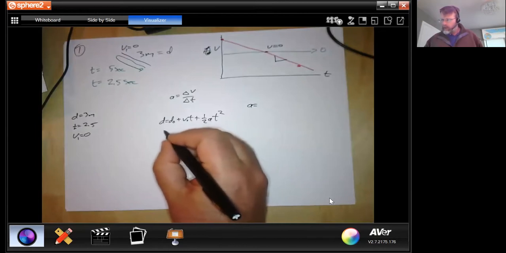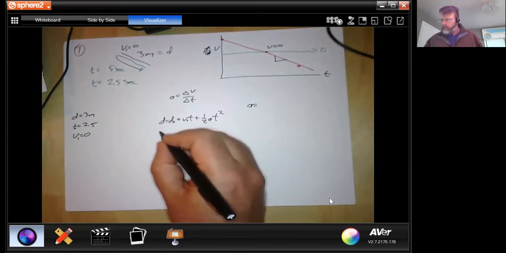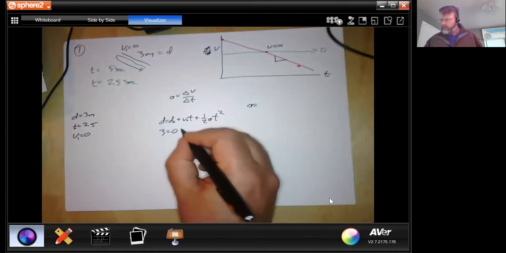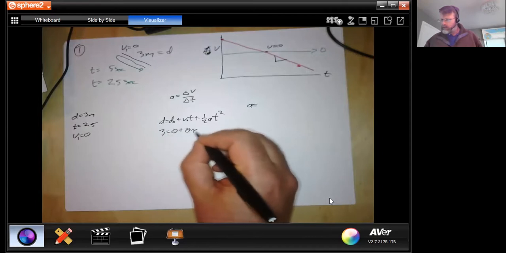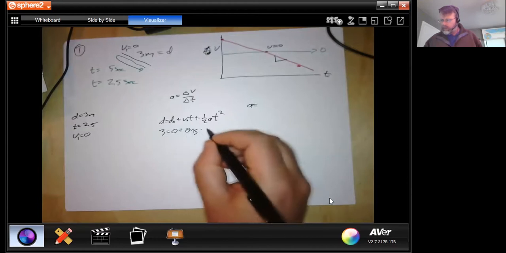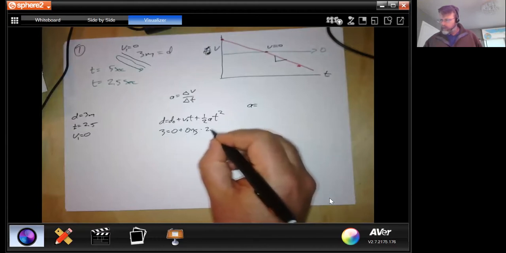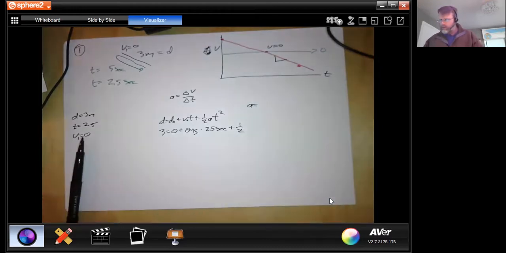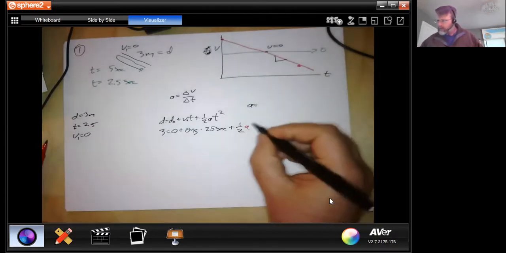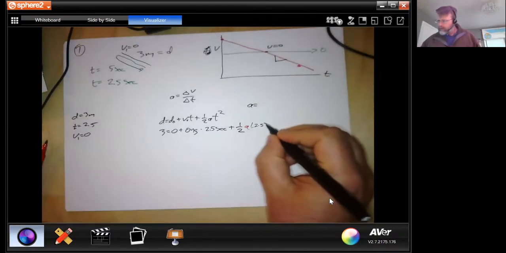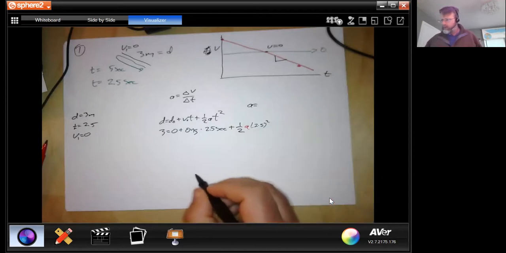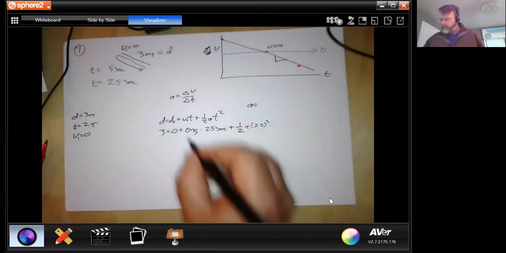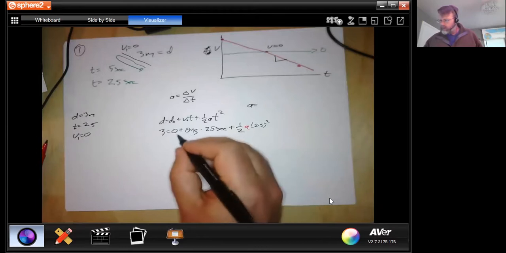Okay, so it started at 0 meters per second, went down 3 meters in 2.5 seconds, and this is what we're looking for, right? We want to find acceleration. And it did that in 2.5 seconds squared. Okay, so 0 times 0, or 0 plus 0, all those are going to cancel out.